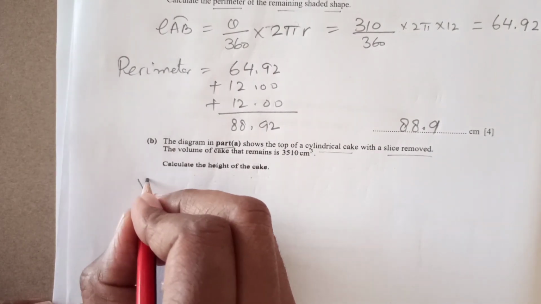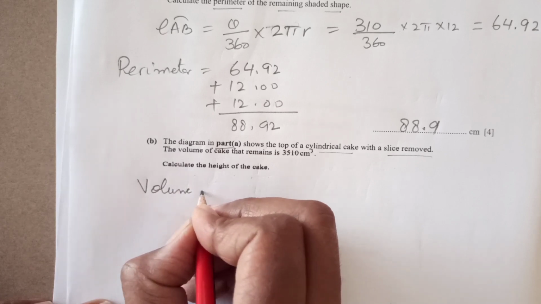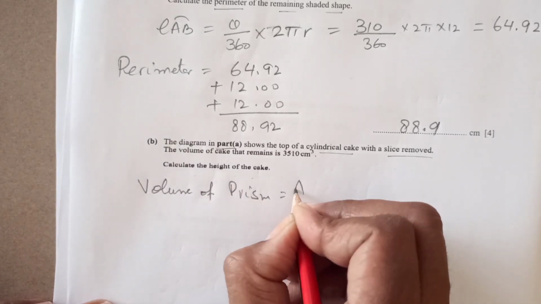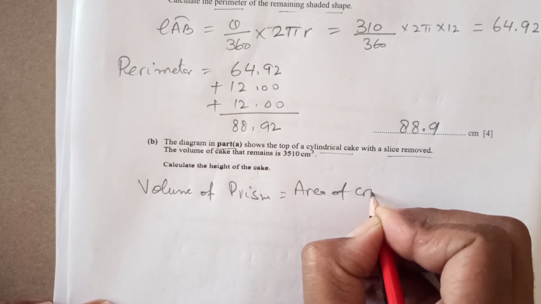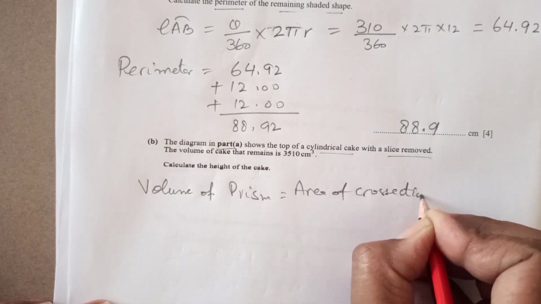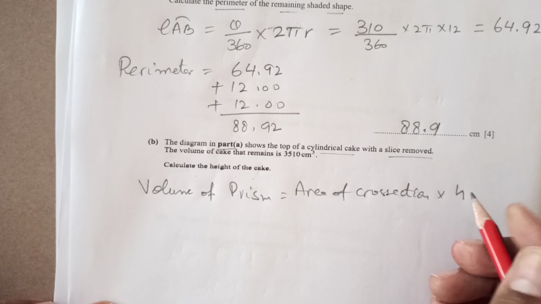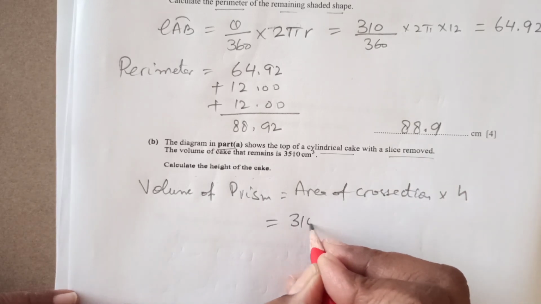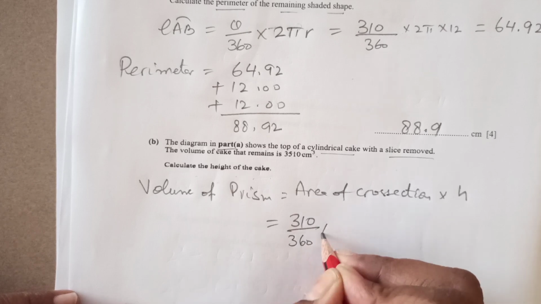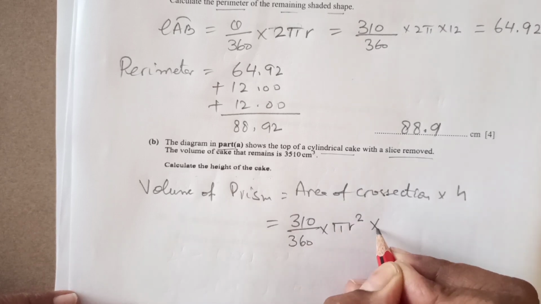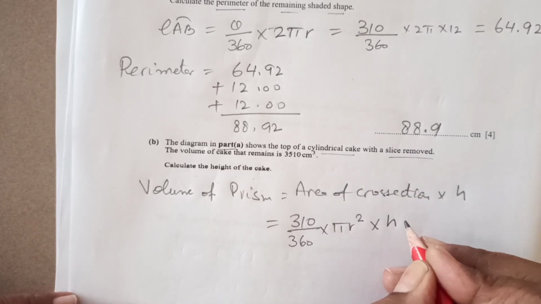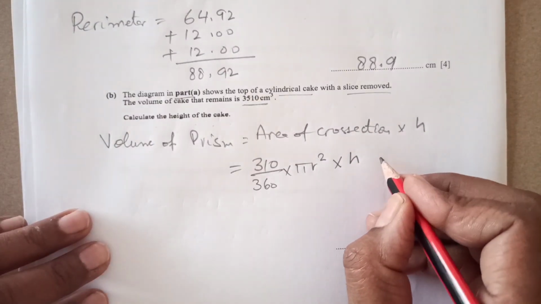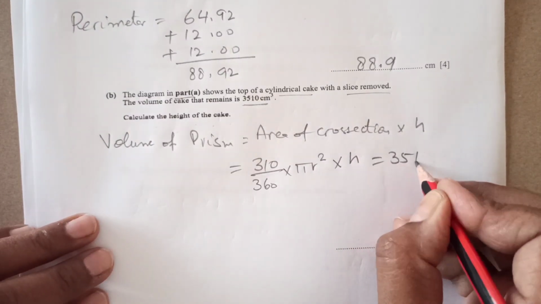So the volume, we know the volume of the prism is the area of cross section times the length, right? Length will be the height here. So that is 310, we have the angle, over 360 times pi r squared times h. This whole thing we are given as 3510.